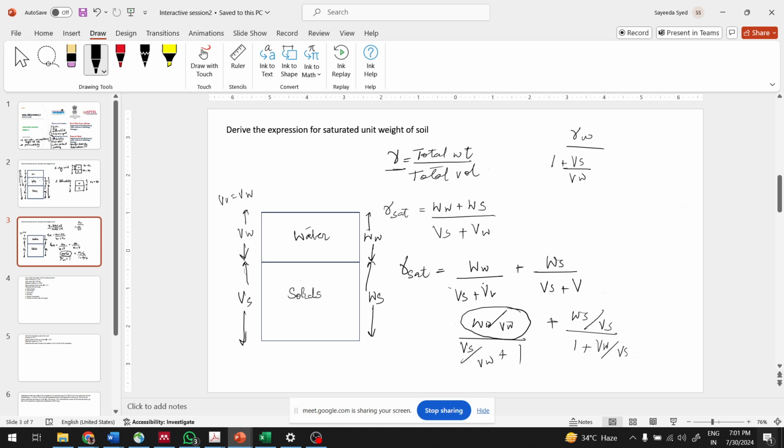Let's write Vv and Vv, weight of solids. Just one moment. Give me one moment, please.